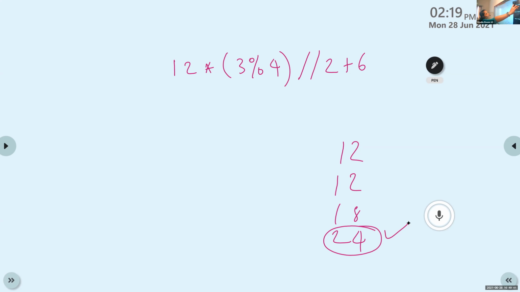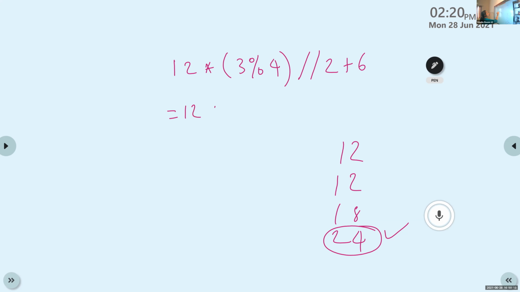All of you switch on the video. Sanjana, what is your answer? Ma'am, 12. Sanam, your answer is also 12. Then Sanam, explain your calculation. I first added the bracket.